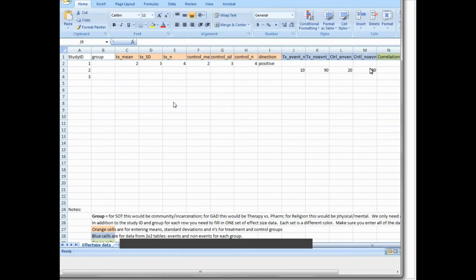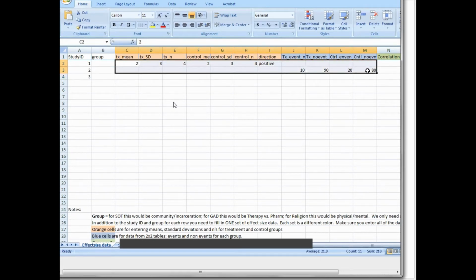And looking through the textbook and the online calculators, you can quickly determine what other information you might need in order to create an effect size. So that can be extremely handy.